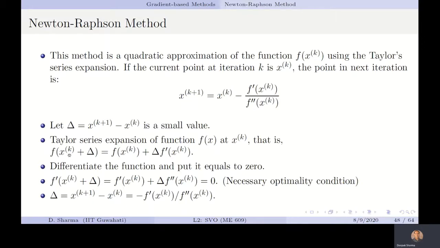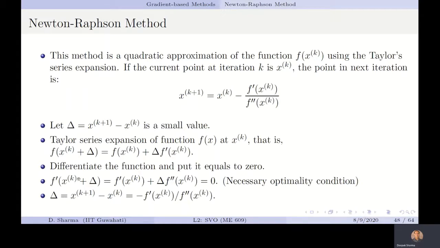So we write f of xk plus delta, and we use the Taylor series up to the first term: f(xk) plus delta times the derivative of the function. Now we can differentiate this function. You know that the necessary condition says that if I differentiate the function and put it equal to 0, that becomes the necessary optimality condition.